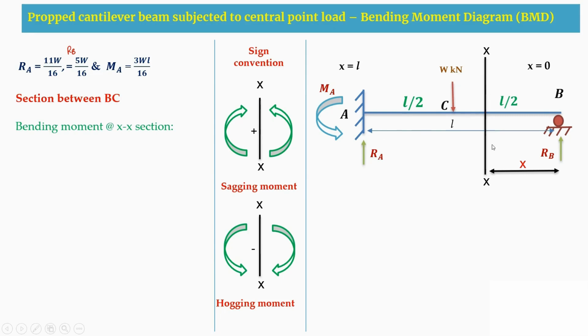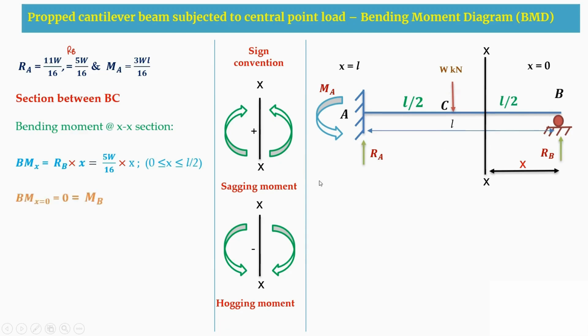Now when we cut a section in this BC segment and write the equation, the bending moment equation will be, since the arrow is heading towards upward, plus RB into X. The limits here are 0 to L by 2.